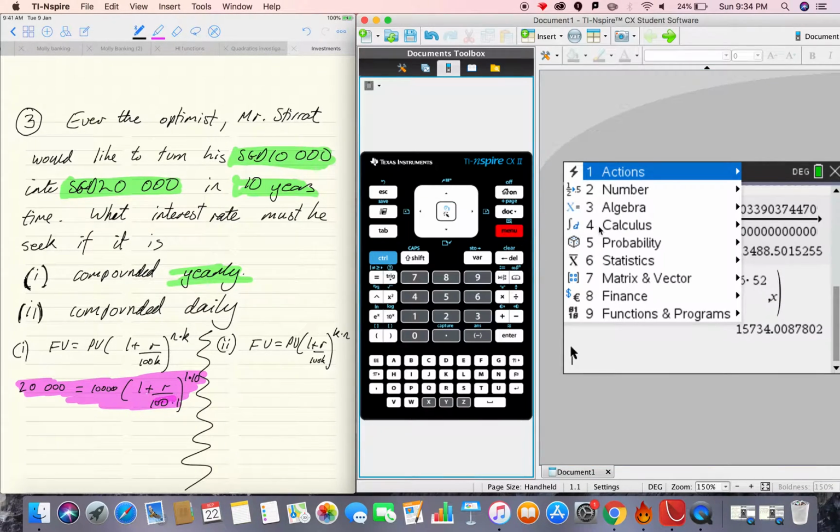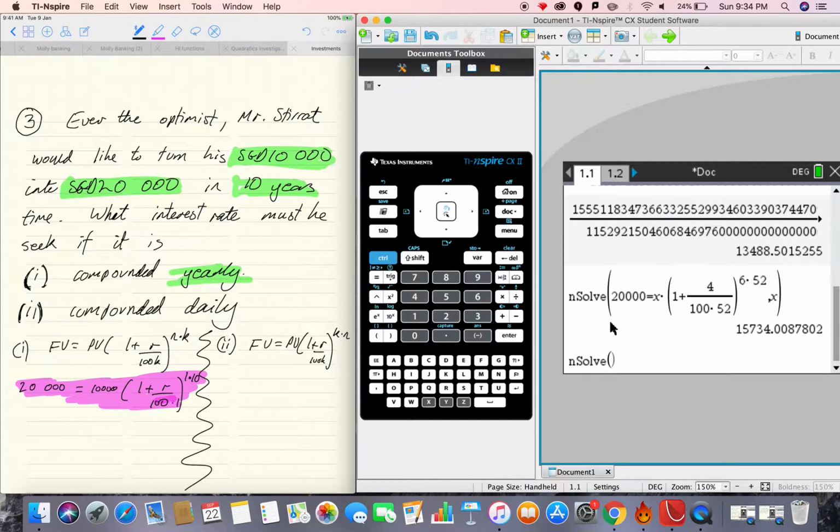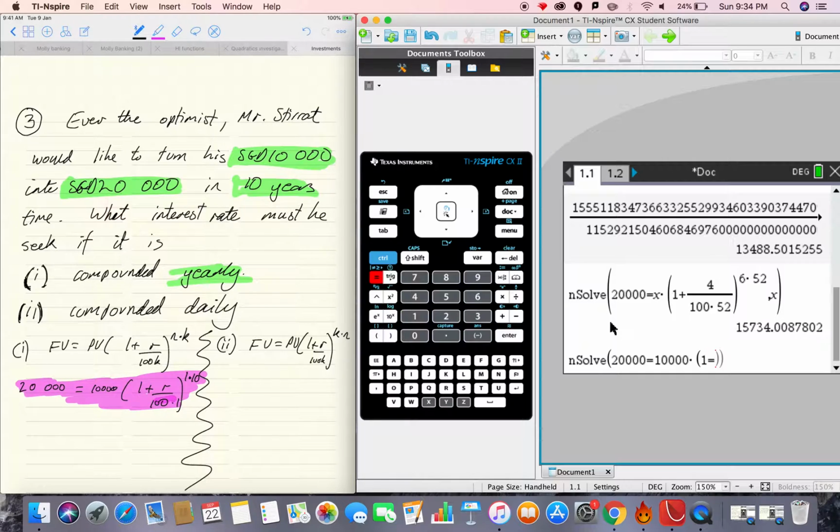Menu, algebra, solving an algebraic equation, and numerical solve. And we just type in the exact equation: 20,000 equals 10,000 times, open bracket, 1 plus r, because r is what we're trying to solve for.